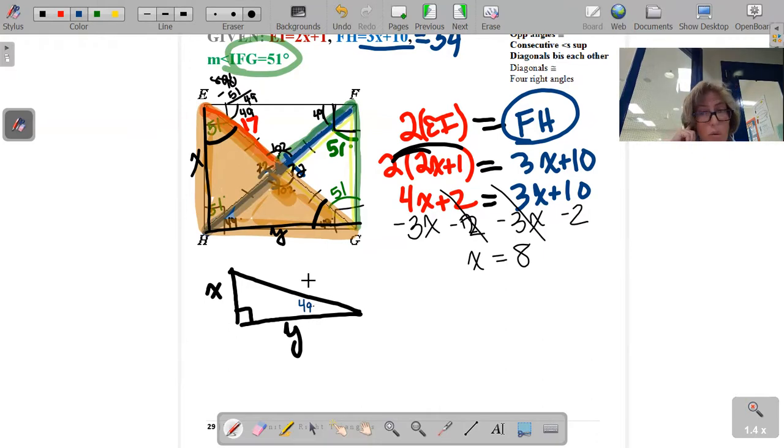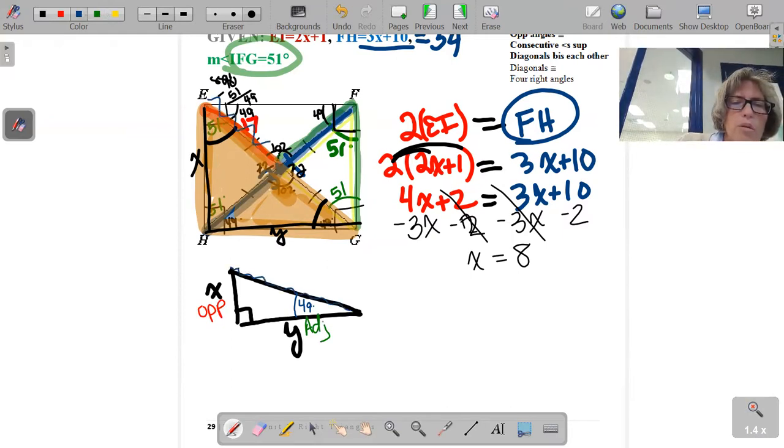And you have to choose one because now we label from that angle. We label our opposite, our adjacent, and our hypo. And our hypo, we already have, is 34.